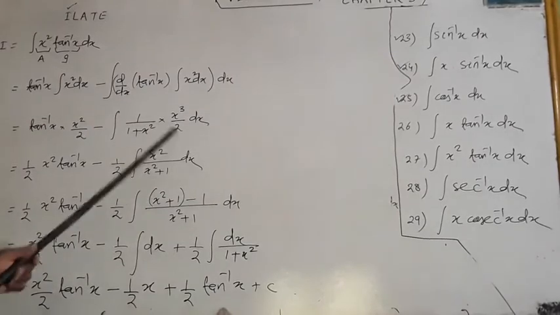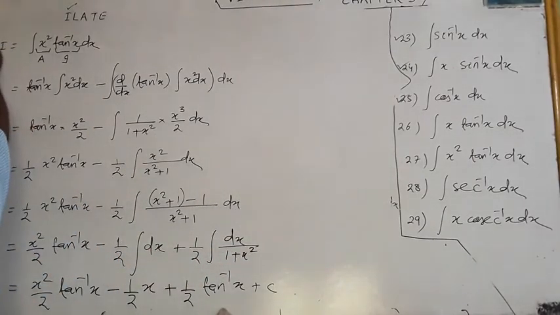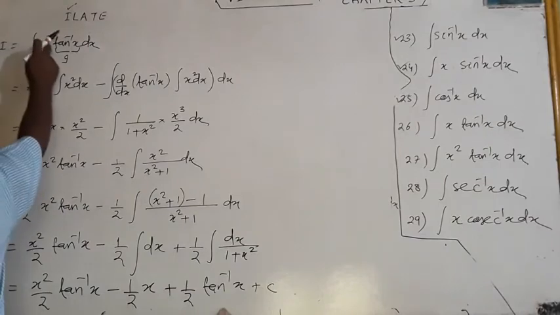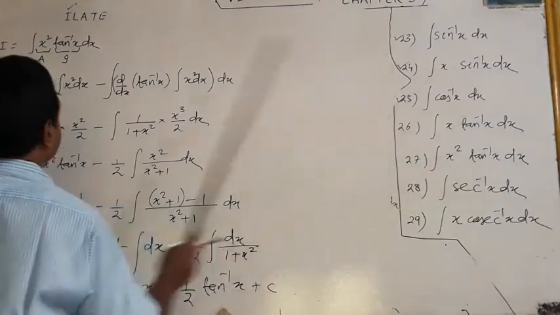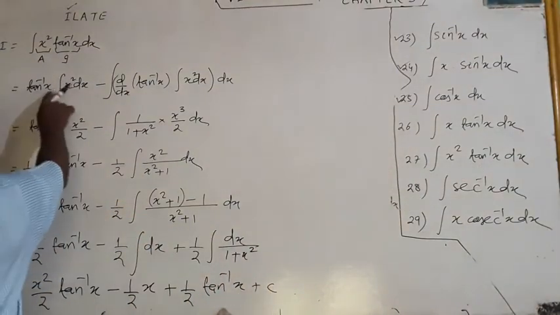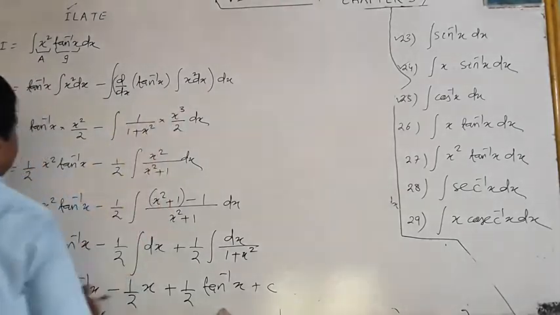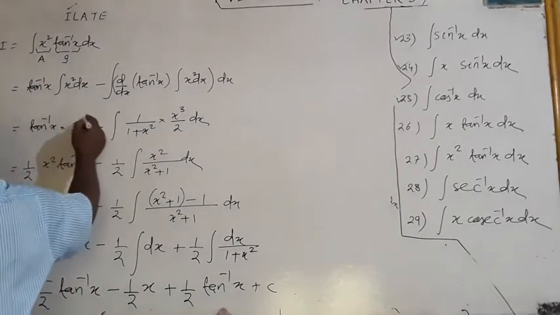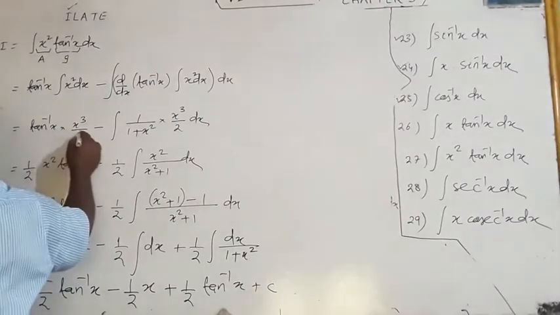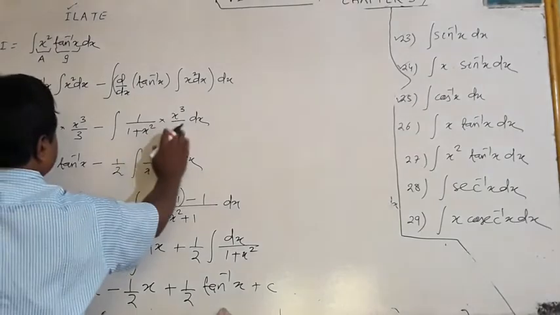Now look at problem number 27. What is problem number 27? In place of x, it is written x square, and it is tan inverse x. So I am writing tan inverse x as the first function, derivative of tan inverse x, and integration of x square. Integration of x square is x cube by 3, and derivative is 1 by 1 plus x square.